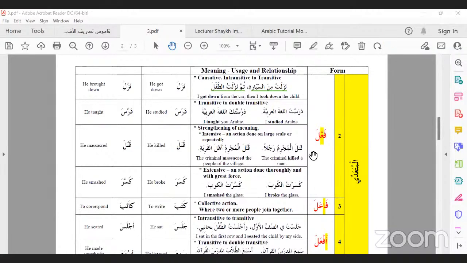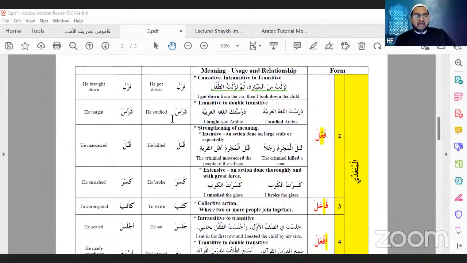Assalamualaikum. Alaikum salam. Now the next one is darasa, he studied. Of course, all three-letter verbs are not always intransitive, like nazaltu. Some three-letter verbs are transitive, and sometimes they are intransitive.